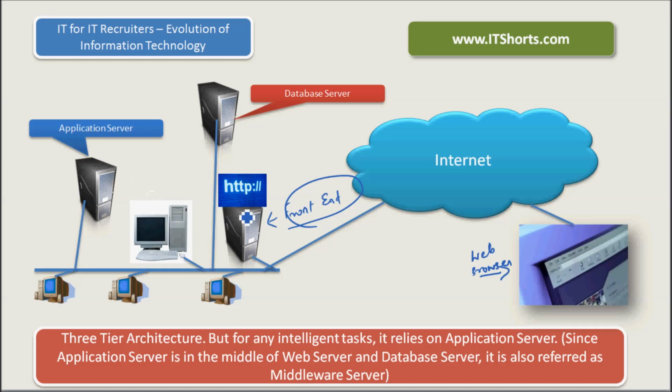Okay, and since this web server interacts with this application server, which is in between the web server and the database server, the application server can also be called a middleware server. And generally the database server will be called a backend server, and these three combine to make a three-tier architecture.